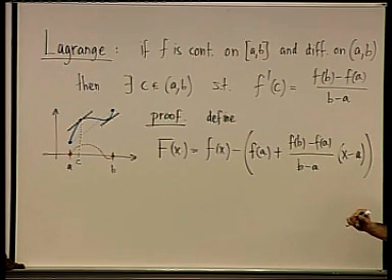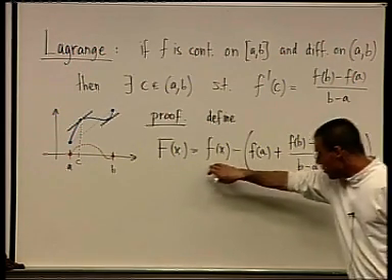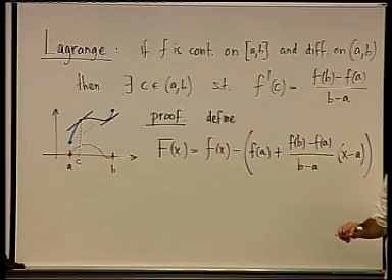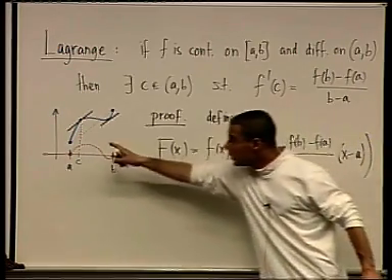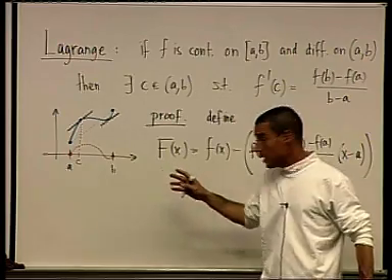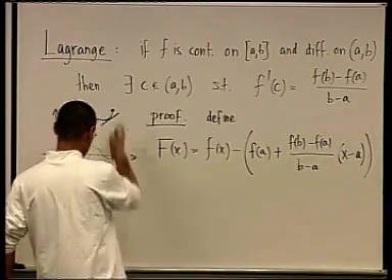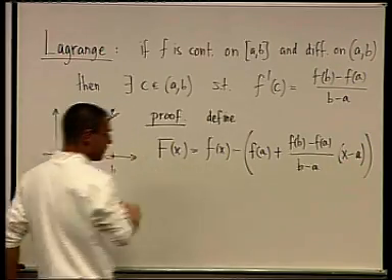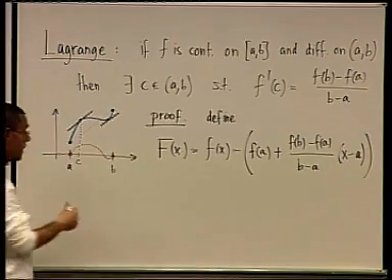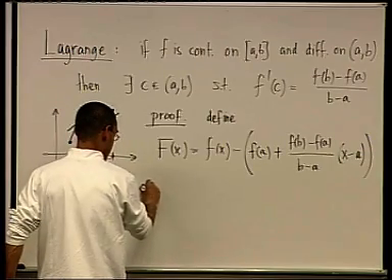Why did we set F of x to be f minus that? It's f minus the secant. That's what I argued that I want to do. That's what I drew here in orange. Okay? So verify that this is indeed the formula for the secant line, for this diagonal, and I'm defining F to be their difference. Do you agree to the following facts?